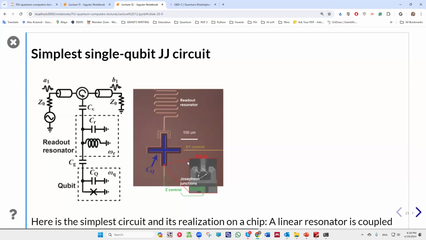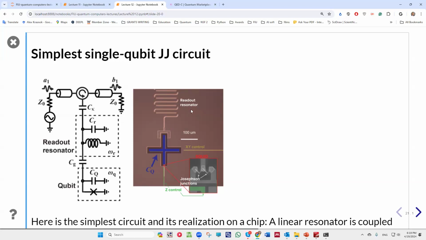Why do we need a coil? Because this coil can be tuned with the external magnetic field, but that's not important for now. What's important is that we can connect this device, these Josephson junctions, to a resonator, like here, this microwave resonator on the surface of a chip, and then we can couple this resonator to the rest of the circuit.